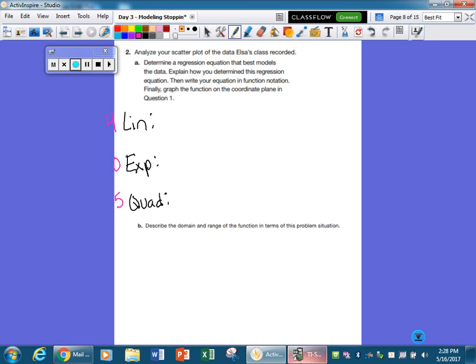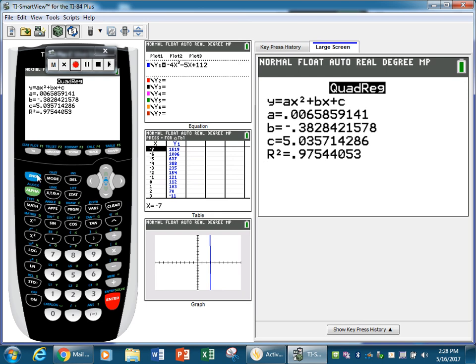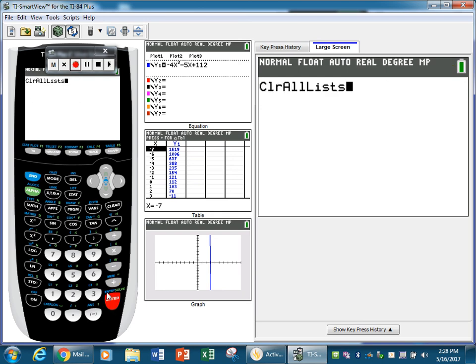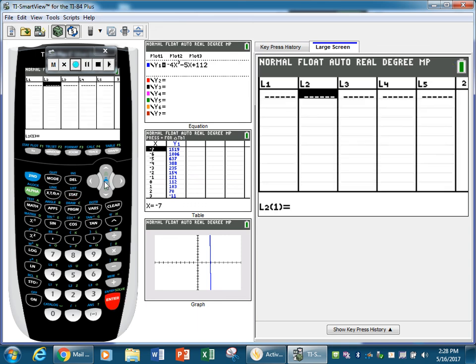So we go back to our calculator. We're going to clear this out. Second plus 4, enter. Stat, enter, and I'm going to start entering the data in.